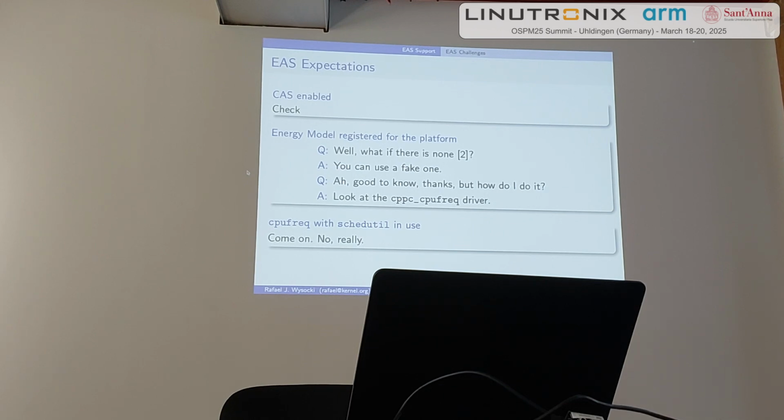So last year I was told that you could use a fake energy model for this, meaning an artificial one, and I started to wonder how to do it, and then again I got a hint to look at the CPPC driver.